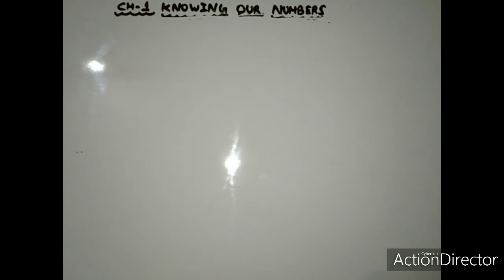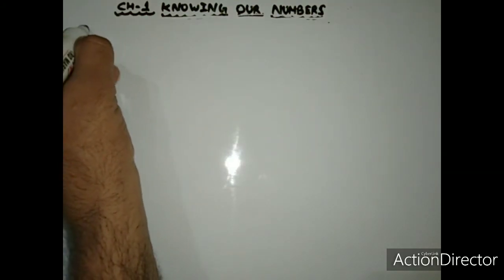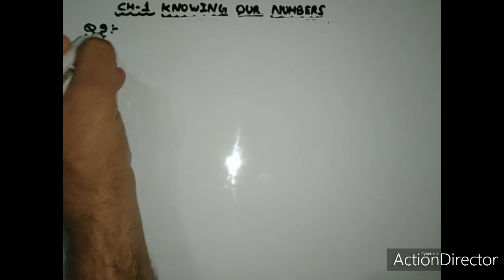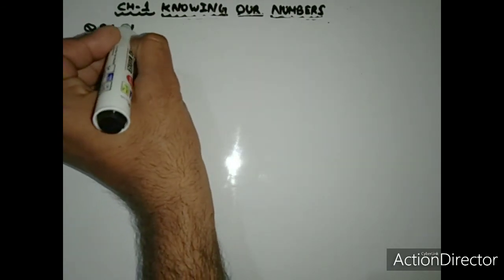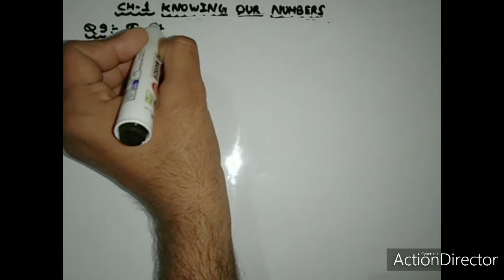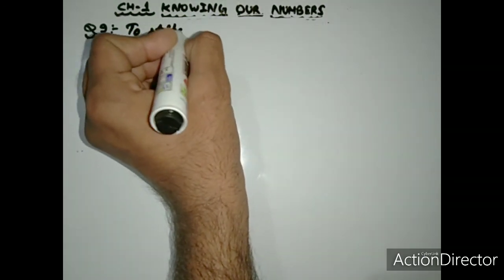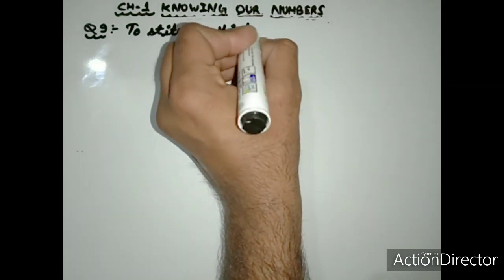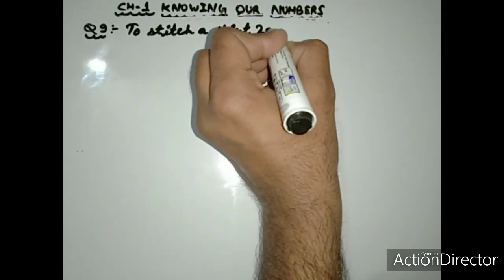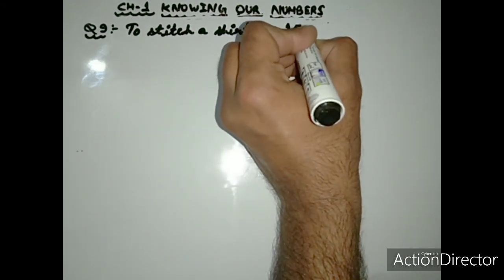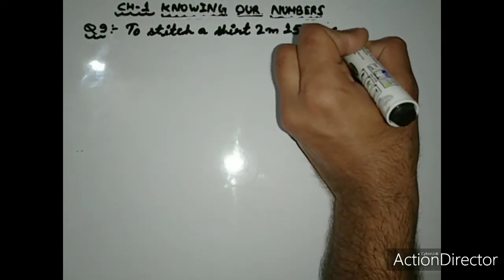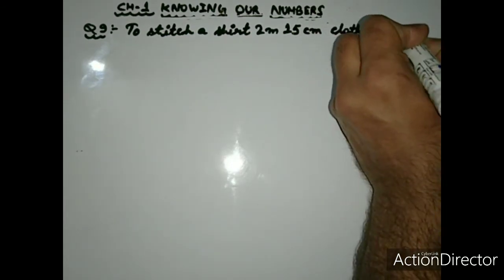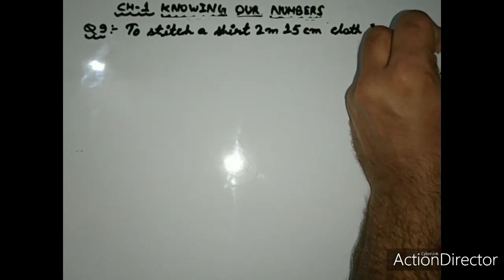Now here we will solve another question from exercise number 1.2. Question number 9. To stitch a shirt, 2 meter 15 centimeter cloth is needed.